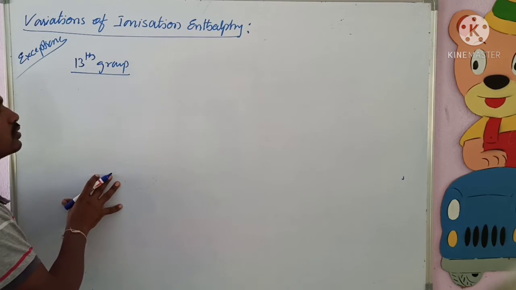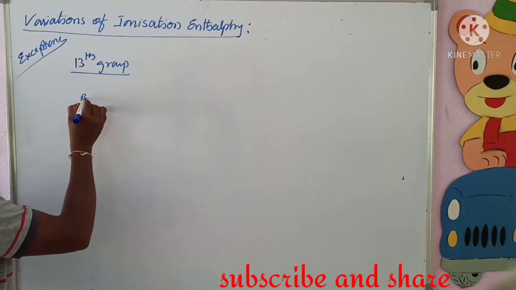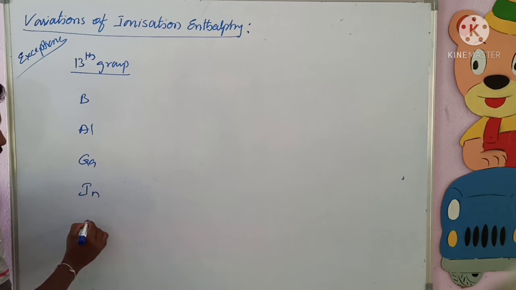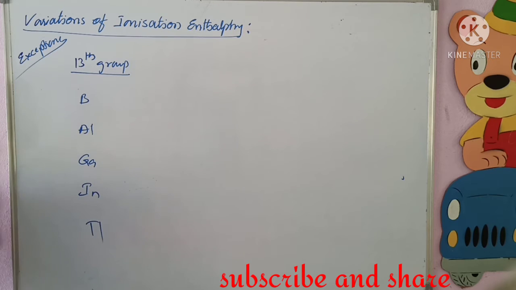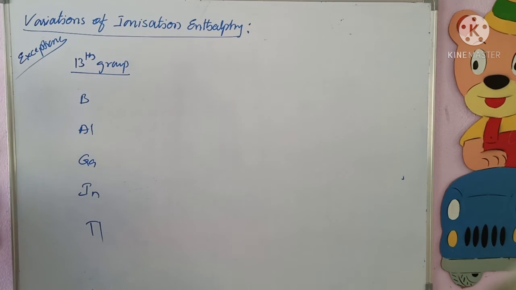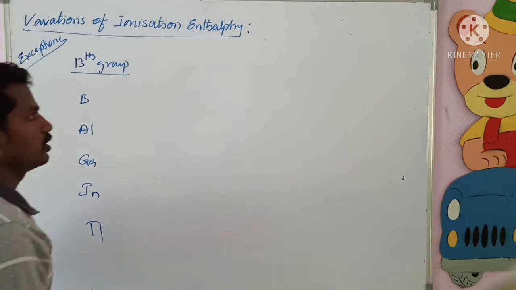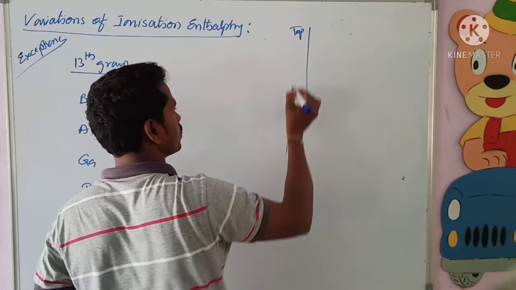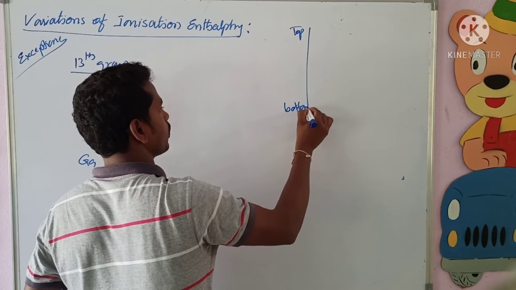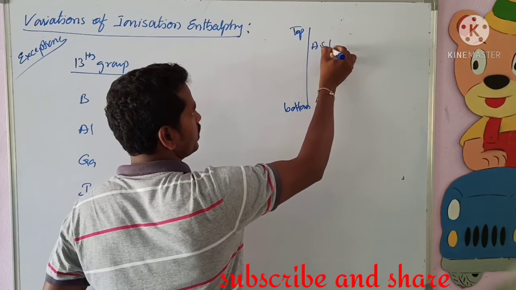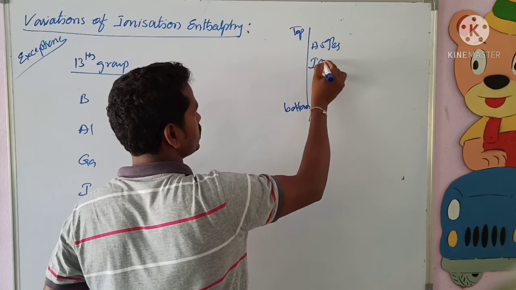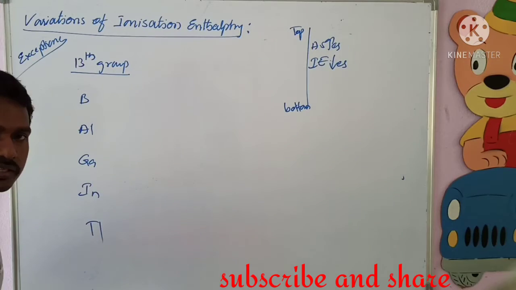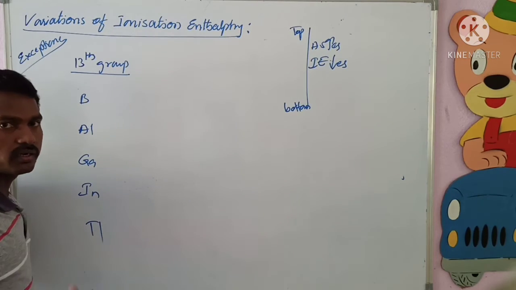What are the elements here? Boron, aluminium, gallium, indium, and thallium. These elements are arranged from top to bottom. According to our previous data, from top to bottom atomic size increases and ionization energies decrease.